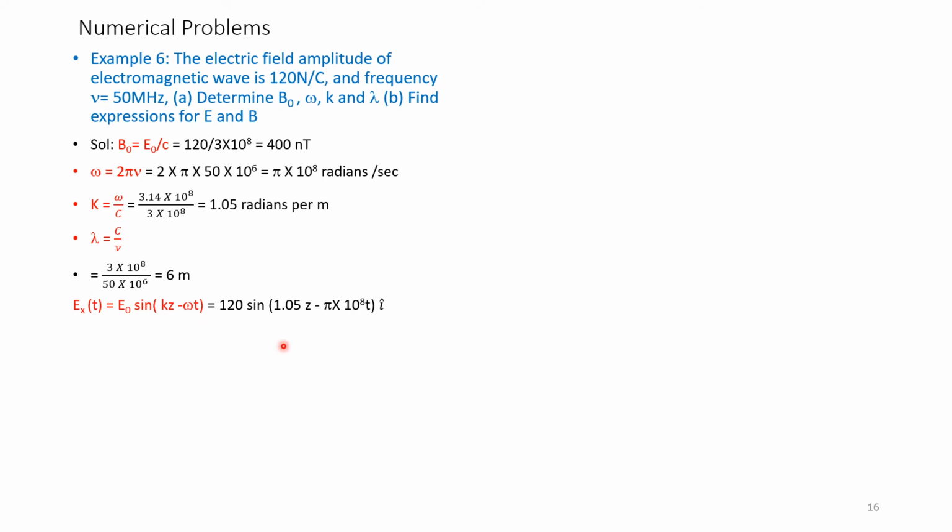Omega is 2 pi into 10 to the power of 8, t is a variable. This is the equation. He has asked expression only. He has not asked value of t or z. This you have to write, and i is the unit vector, in the direction of x axis, because we are given, take it as x, where i is a unit vector in the direction of x.